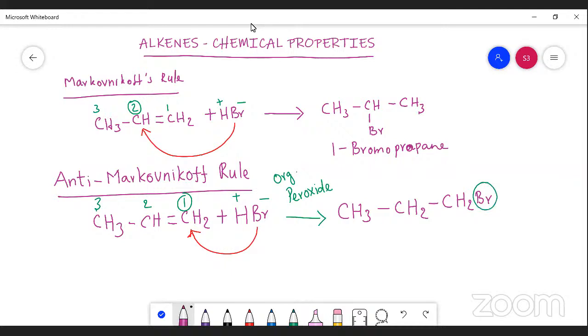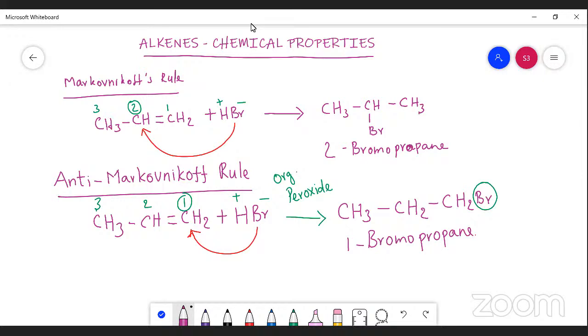Sorry, here it is 2-bromo and here it is 1-bromo. So 2-bromopropane is the major product in the absence of peroxide, but in the presence of peroxide, 1-bromopropane is the product.